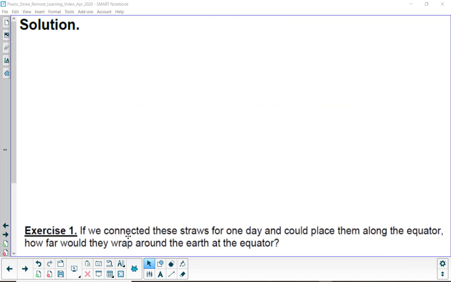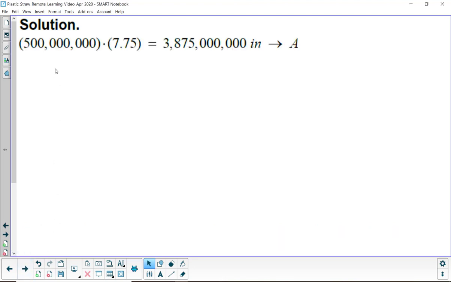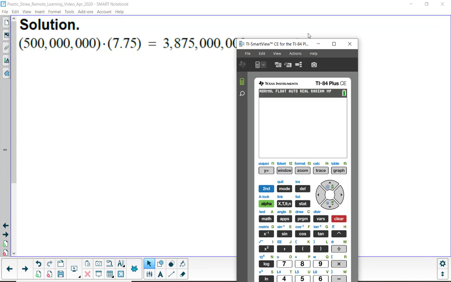So again, the question is, if we connect these straws for one day and place them tip to tip along the equator, how far would they wrap around the Earth at the equator? So what we need to do is multiply 500 million times the length of one straw, and this is how many inches there are, and we're going to store that in A. So let's go ahead and see what that looks like on our calculator.